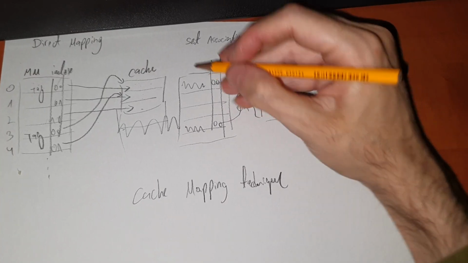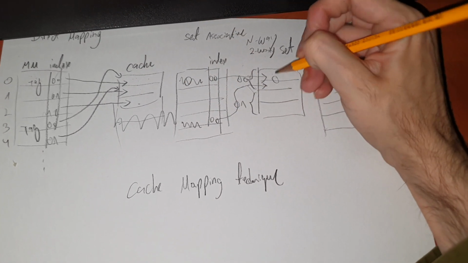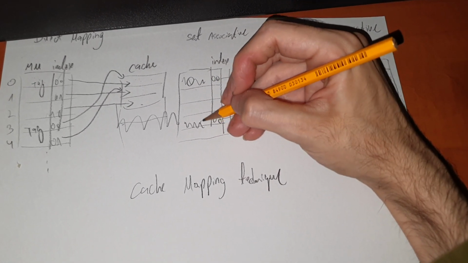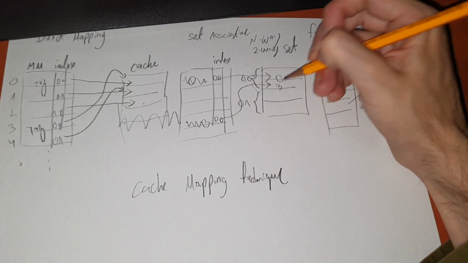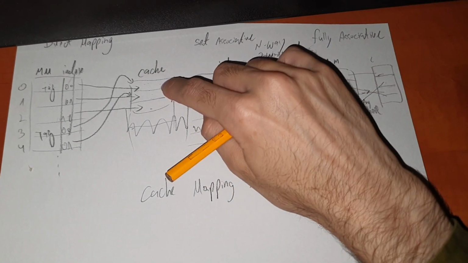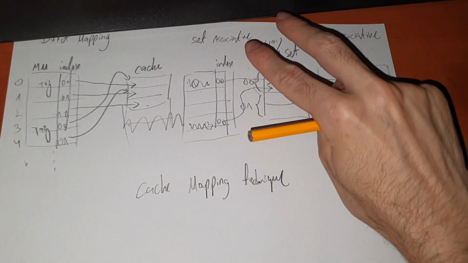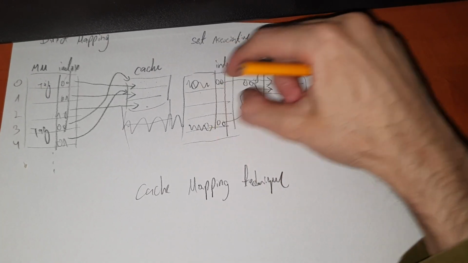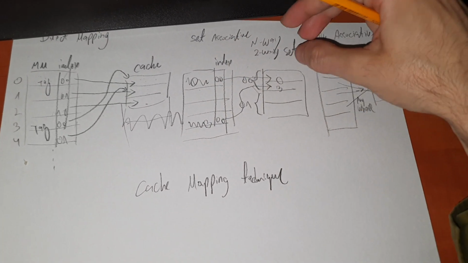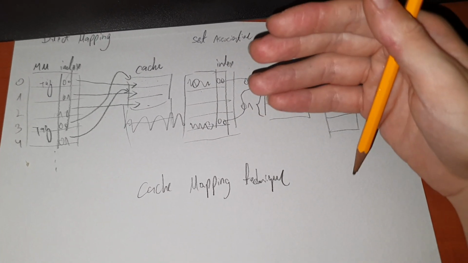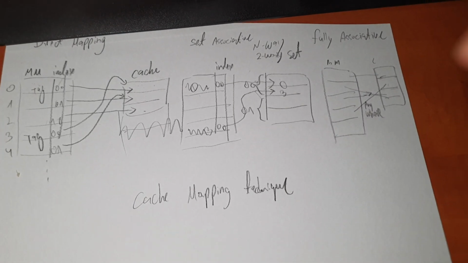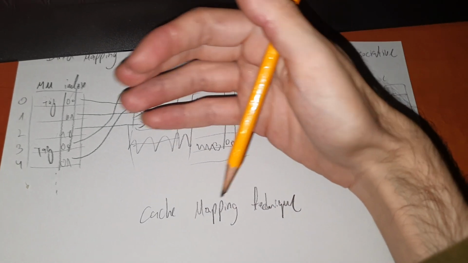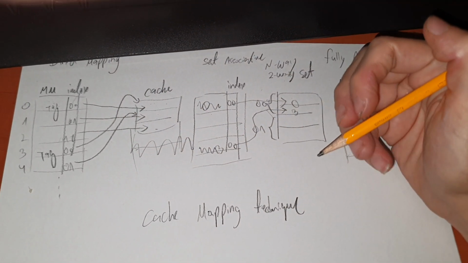So for a specific index, we have 2 places, so 2 memory blocks can go in the same index. So it's a little less harsh than direct mapping.